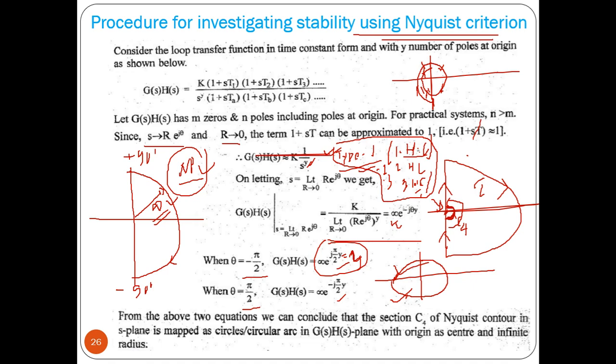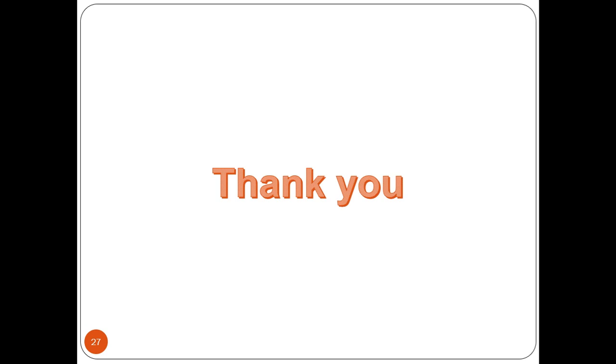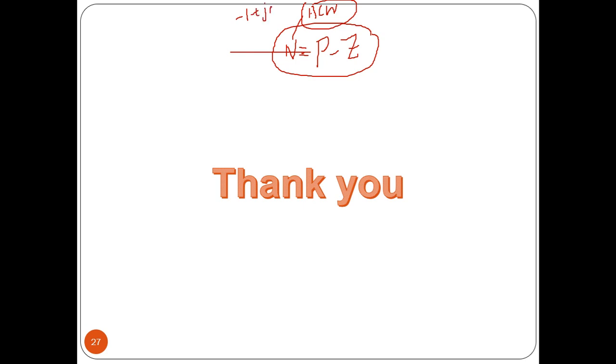So in this Nyquist stability criterion, the basic concept, let me tell you again, is the formula we get from the principle of argument: N equal to P minus Z, where N is the number of encirclements in the anti-clockwise direction of the critical point minus 1 plus j0.